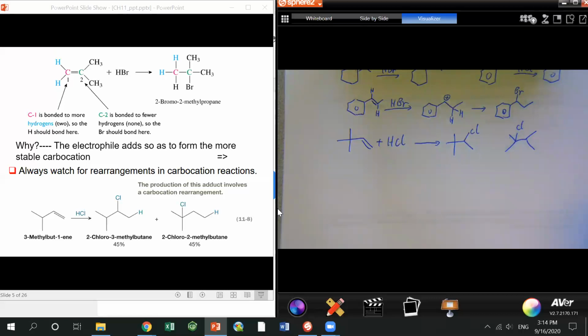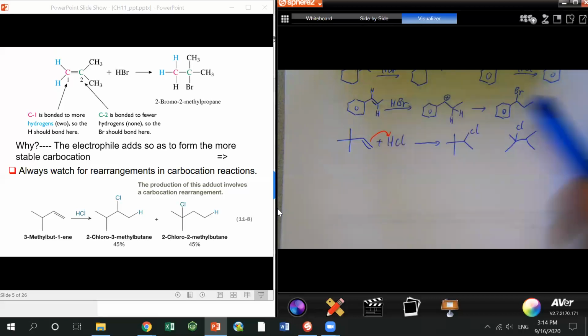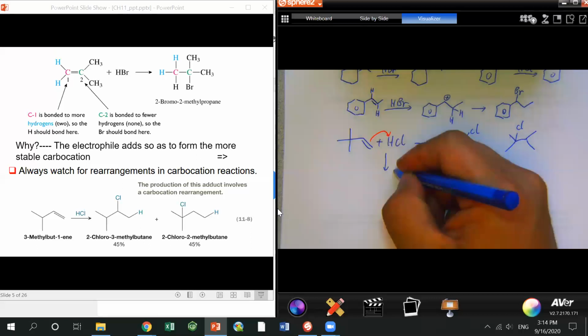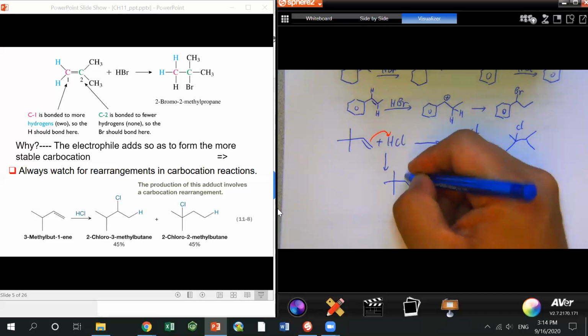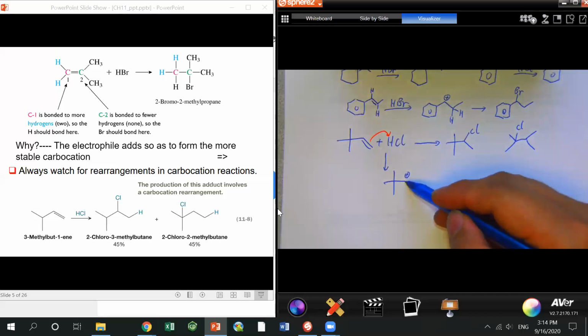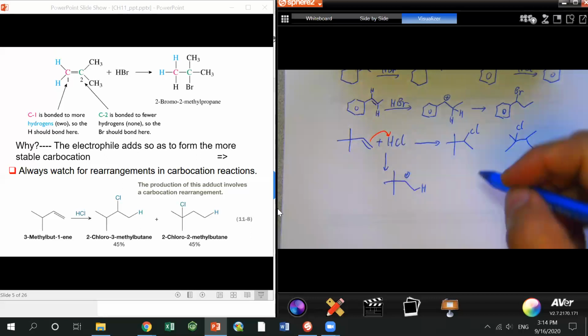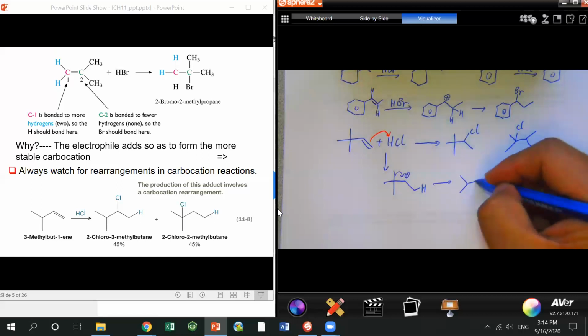So what happened? Let me quickly draw the mechanism. The alkene is going to pick up the hydrogen. The hydrogen is here, and you generate the carbocation. It looks like a secondary carbocation next to a quaternary carbon, so you can have a 1,2 alkyl shift. Then you generally get the more stable tertiary carbocation.